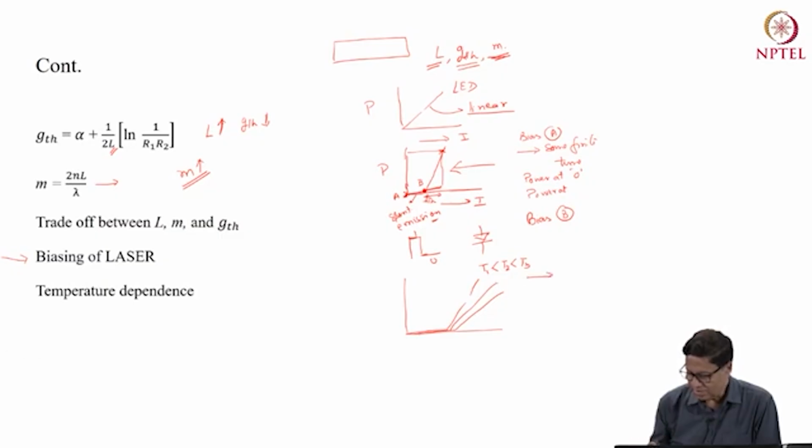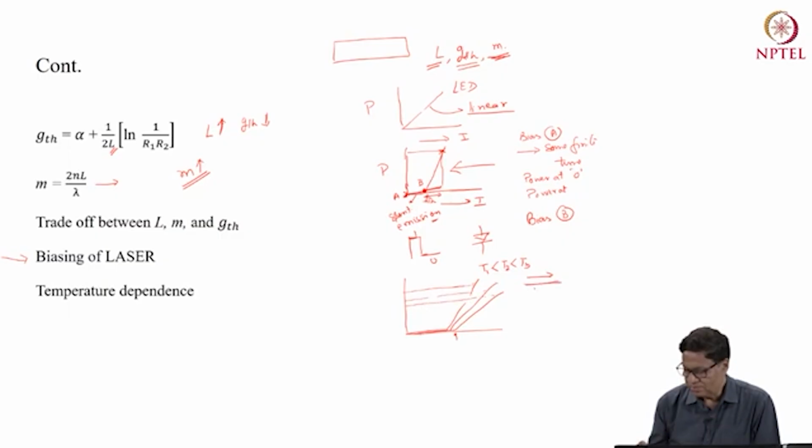So with increasing temperature, your threshold value also changes, and the characteristic also changes. So in order that you get constant output power from the device, you have to use some mechanism so that you control the junction temperature of the laser diode. If it is not controlled, then the output power will change, because these are different powers you're getting at different temperatures.